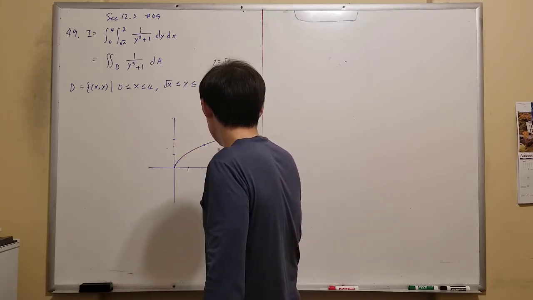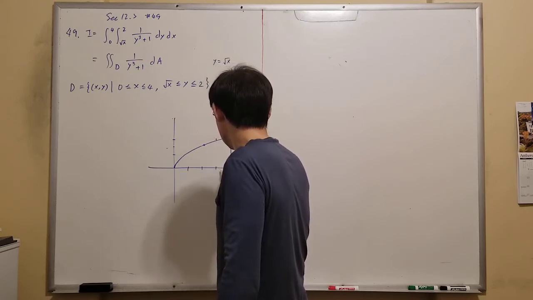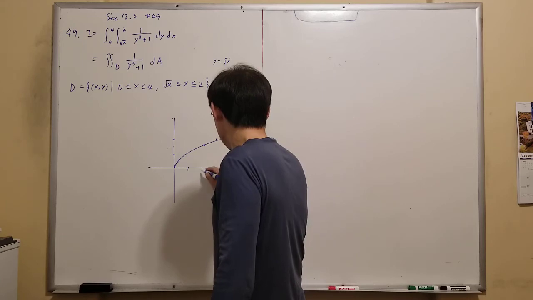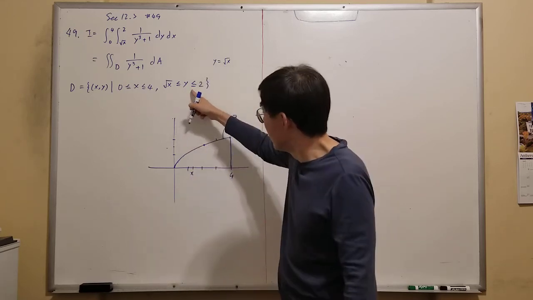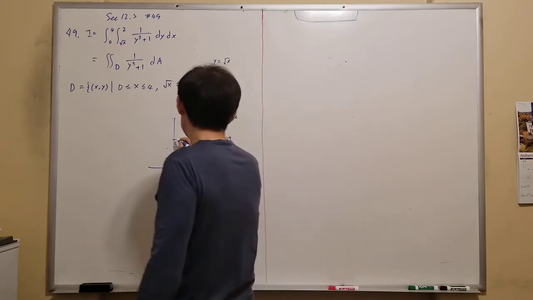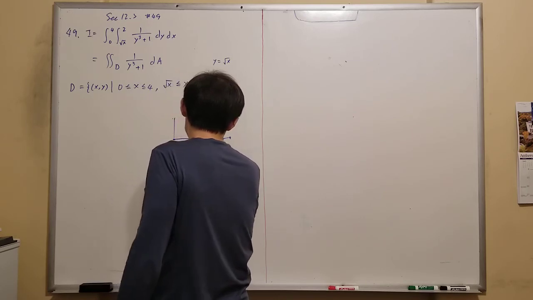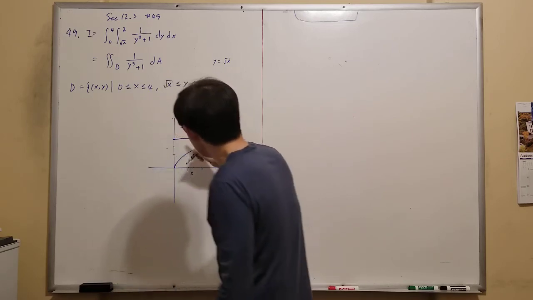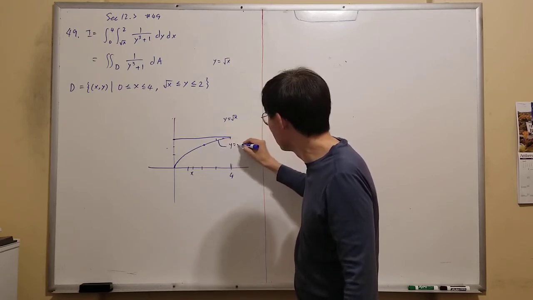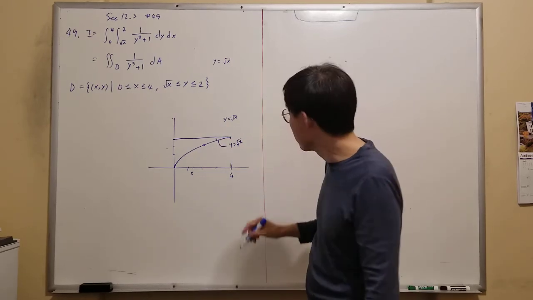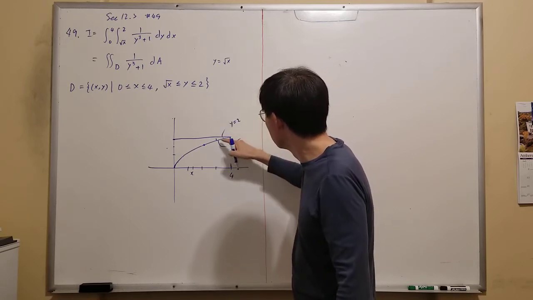For given x, let's say, for given x, it's not this region, actually, it is this region. This is y equals 2. So this is y equals square root of x. Okay? And this is y equals 2.